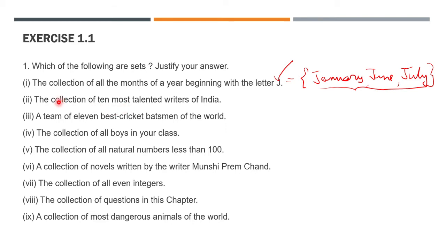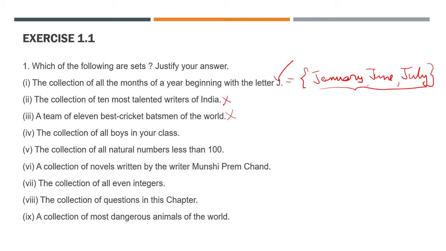So, hence this collection will not be well defined. So, hence this is not a set. Next one, team of 11 best cricket batsmen of the world. Again, best cricket batsmen, how they are going to be defined, on what basis they are going to be chosen, it all varies from person to person. So, this is also not a set.